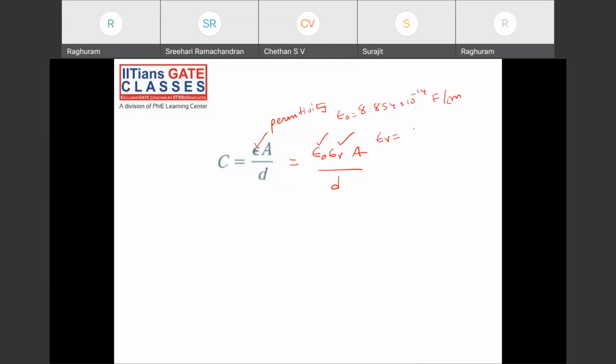Epsilon r is relative permittivity and it depends upon the material, the dielectric between the plates. And A is area, the cross sectional area. D is the distance between the plates.